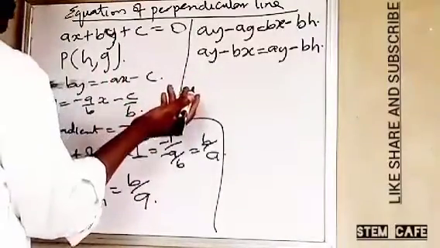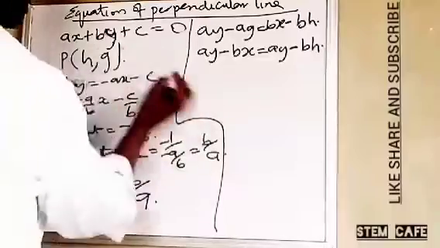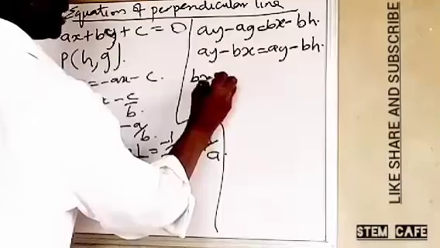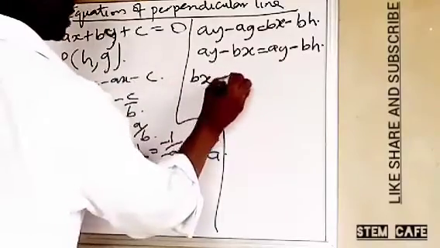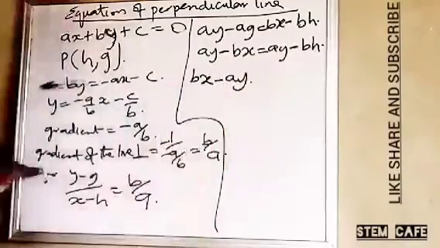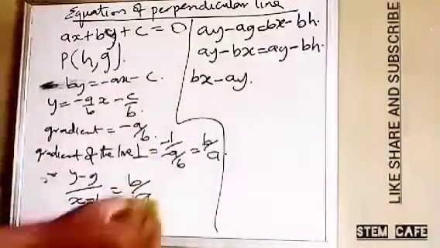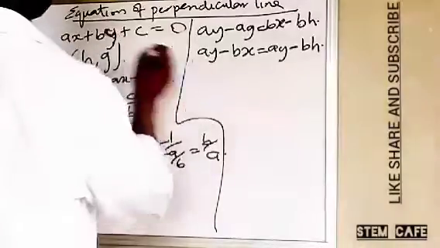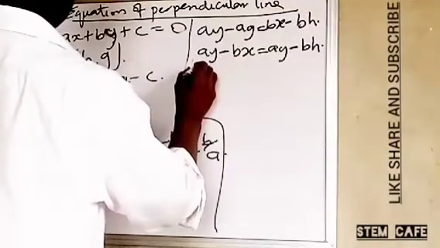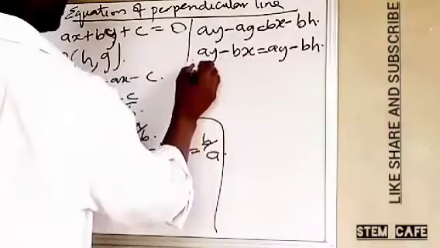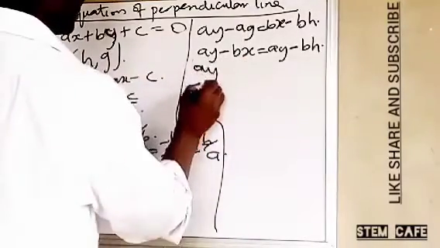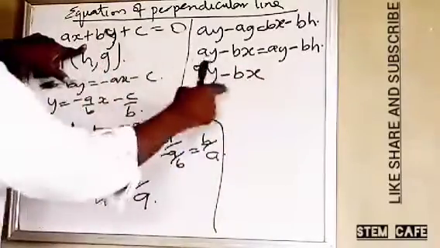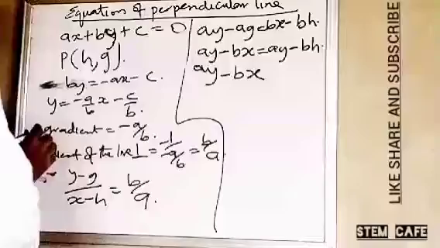So I make it bx − ay, or just to conform with what I have here, it's the same thing at the end of the day, ay − bx. Please note the change of sign.